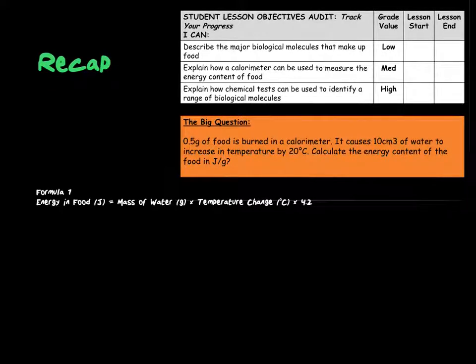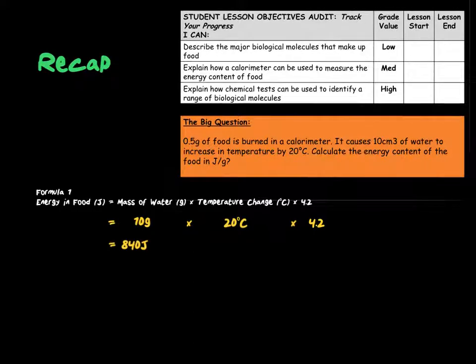From the question, we were given 10 centimetres cubed of water. As 1 centimetres cubed of water is the same as 1 gram of water, we have 10 grams of water. Our temperature change is 20 and our specific heat capacity is 4.2. So we're going to do 10 times 20 times 4.2, giving us 840 joules.